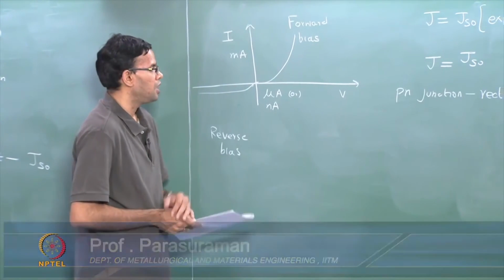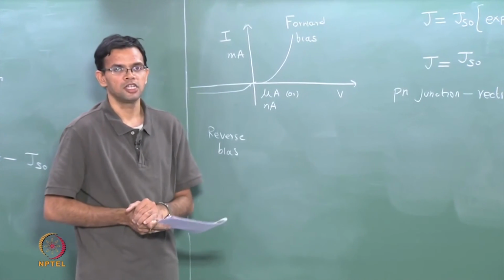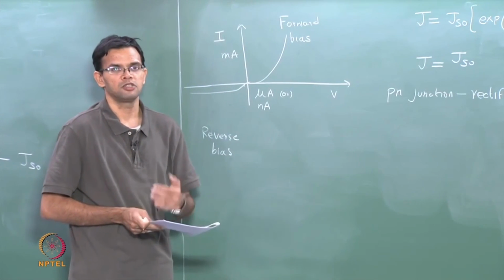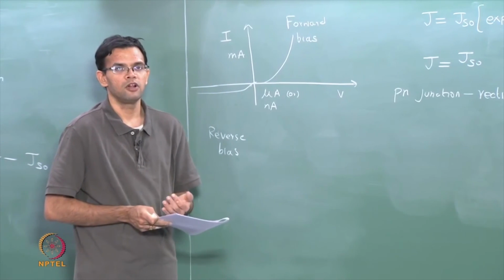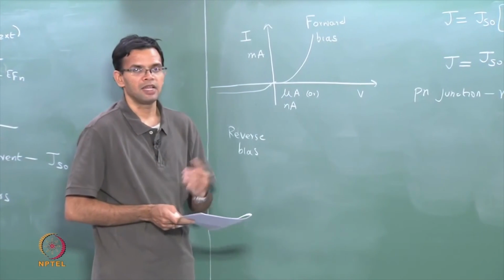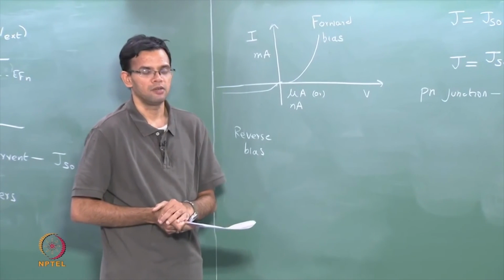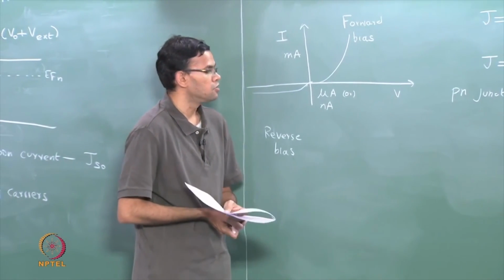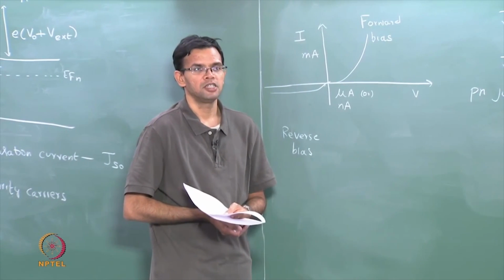The difference between a PN junction and a Schottky junction is that the reverse saturation current for a PN junction is much smaller. So later we will also look at some examples where we will compare a Schottky junction and a PN junction. So today we have looked at a PN junction in bias.